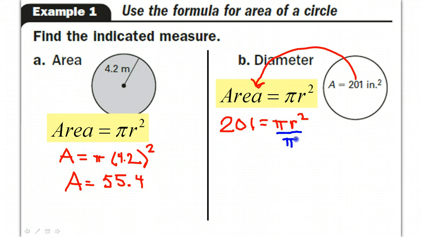We do not want to take the square root until we get r squared all by itself. Okay, so I'm going to divide both sides by pi. Don't give me a decimal yet, because you'd have to round it, and that would not be precise. For now, leave it just like this, 201 over pi.